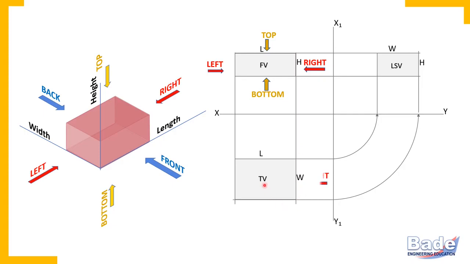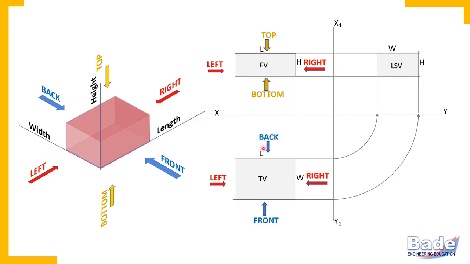Similarly in the top view, try to understand here. This is right side and here it is left side. Where is the front side? So remember, this is top view. So you are watching this object from top. So right now on the screen, the direction in which you are watching the top view, that is top surface. So top surface and bottom surface overlap in the top view.